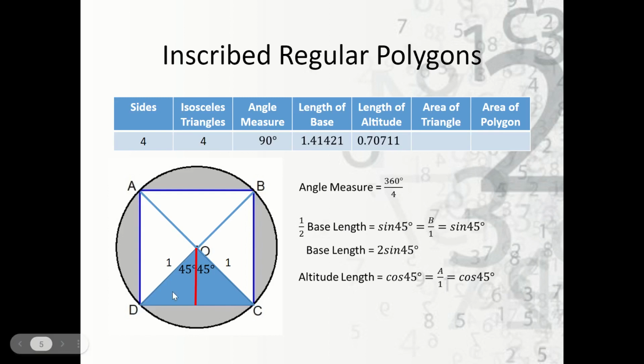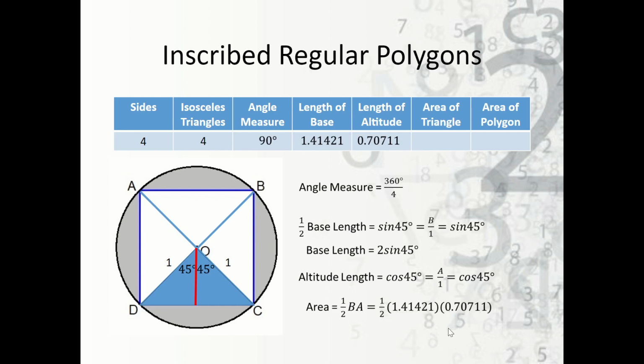Now we can find the area of each one of these triangles. So the area of a triangle is 1/2 the base times the height. So that's 1/2 of the base times the height or the altitude here. So we get 1/2 of 1.41421 times 0.70711.